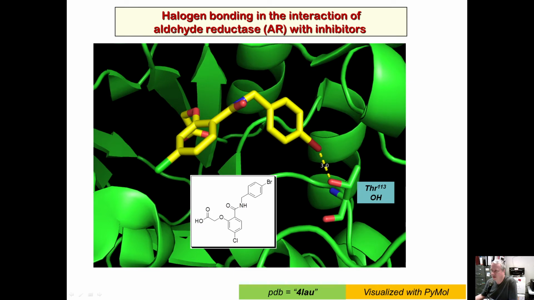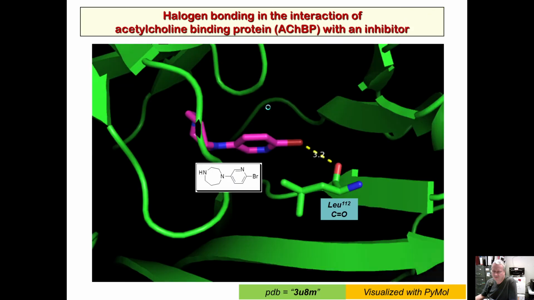This is an aldehyde reductase inhibitor. It's another one. This is in interaction with acetylcholine binding protein and an aryl bromide inhibitor. So this also has the same kind of thing. It's a very simple molecule with a bromine on it, and it makes that same kind of interaction.